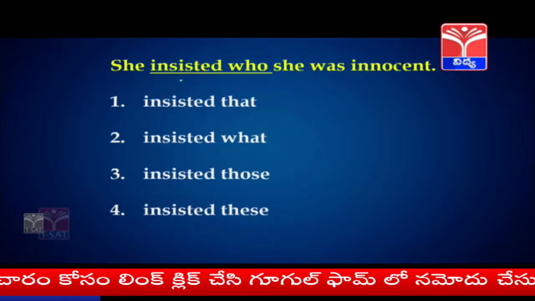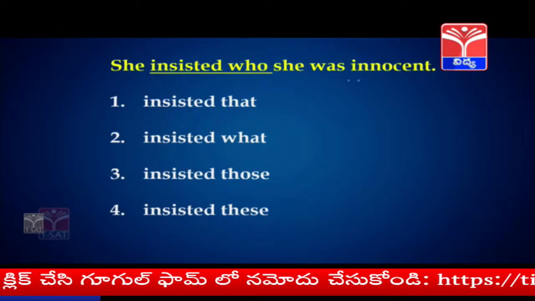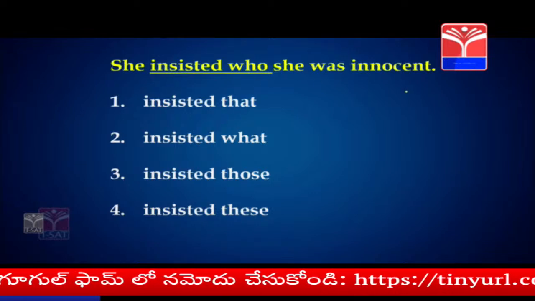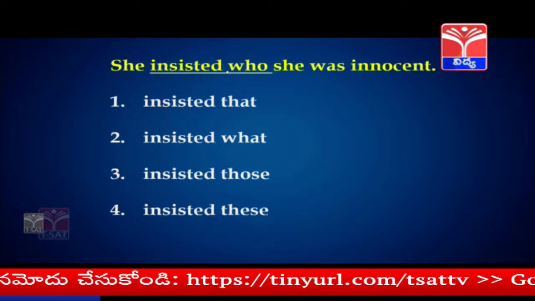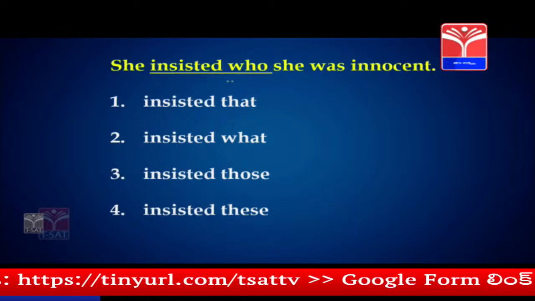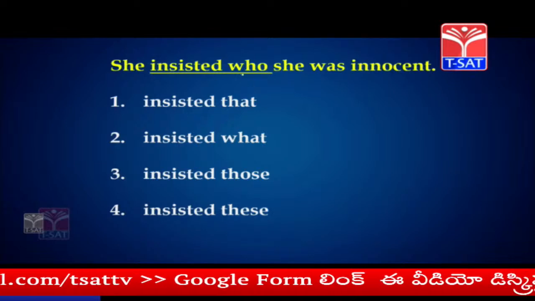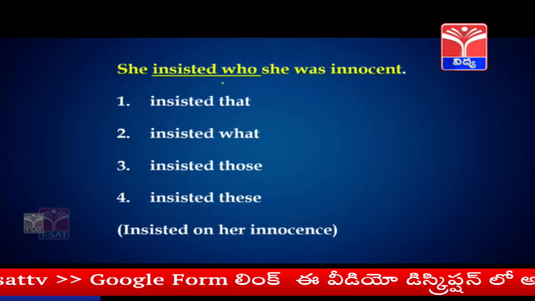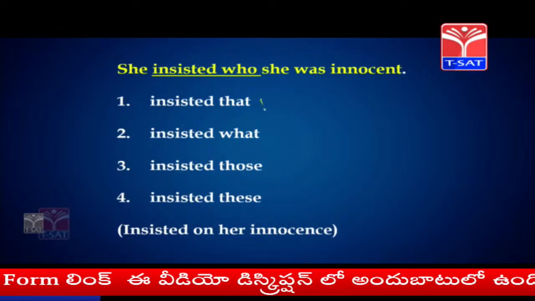Now, let us take the second one. She insisted who she was innocent. So, this has a structural problem. The word insist is followed by on or that clause. So, you cannot say insisted who, it is incorrect. So, she insisted that she was innocent.